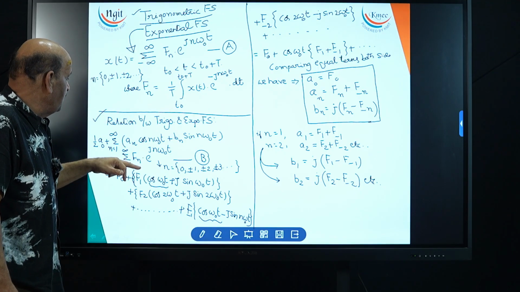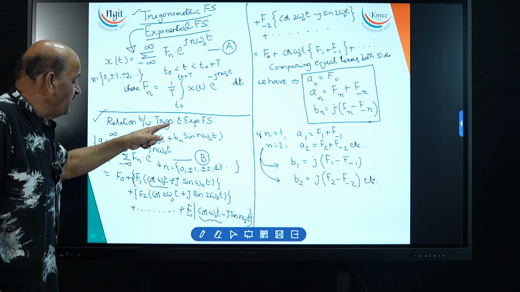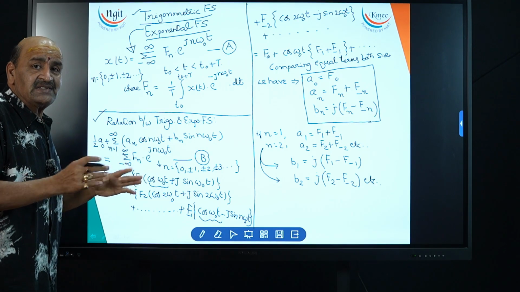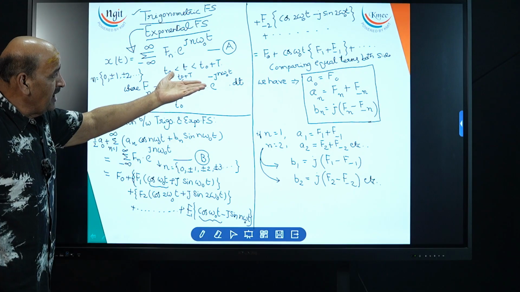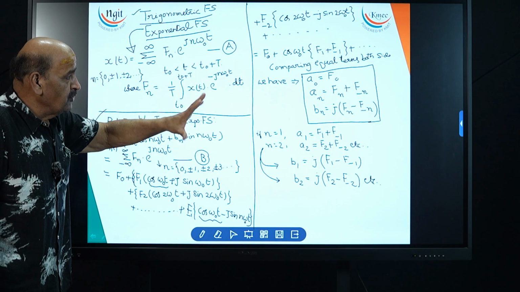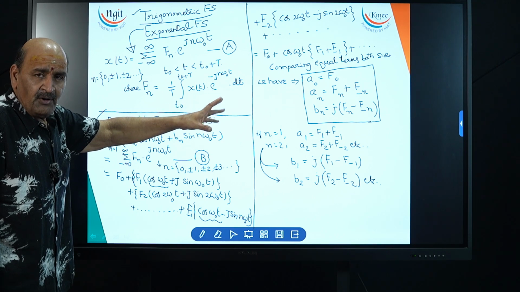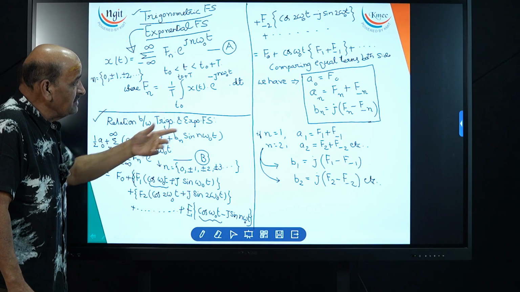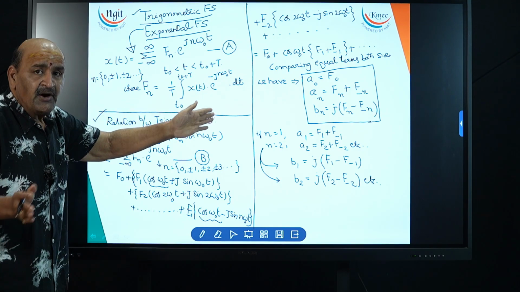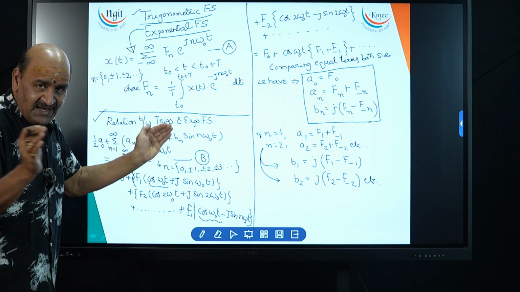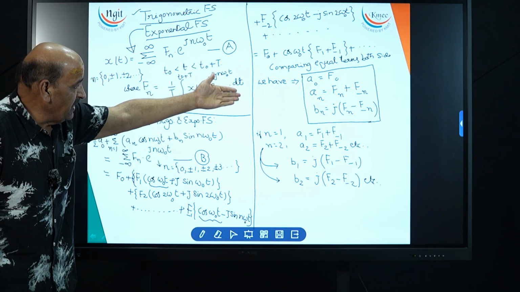So what we are doing in the relation between the trigonometric and exponential series is comparing coefficients on both sides. Look, there are no sin n omega naught t or cos n omega naught t terms here, no trigonometric terms. Upon comparing the left hand side and right hand side terms, we are able to gather the coefficients a naught, a n, b n.